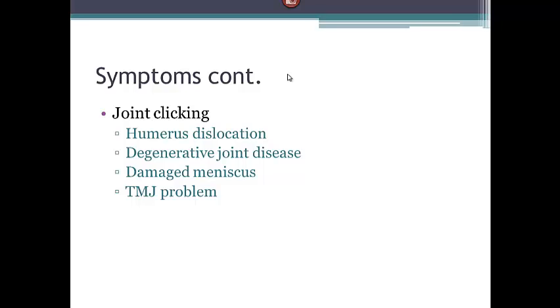Joint clicking is commonly associated with a specific movement in the presence of dislocation of the humerus, displacement of the bicep tendon, degenerative joint diseases, damage to the knee meniscus, or also temporomandibular joint problems.